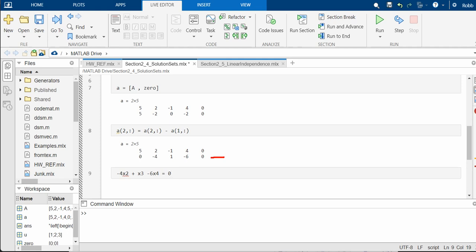Remember, this is an augmented matrix, so we have an equal sign here. We normally put the vertical line in the matrix, if we were doing this by hand, okay? And yes, we can solve that.